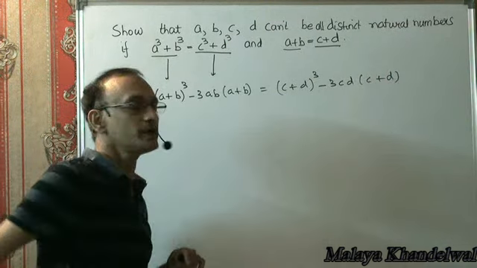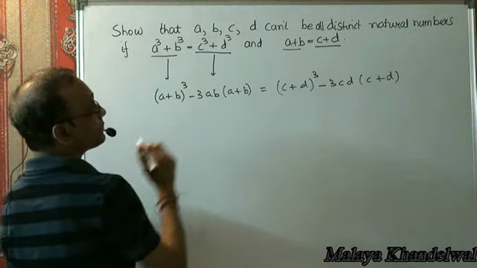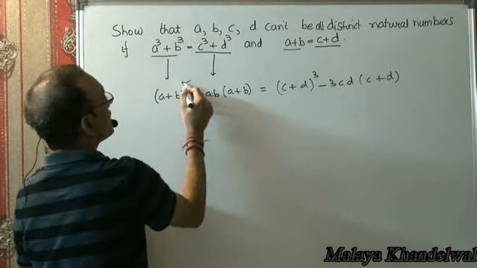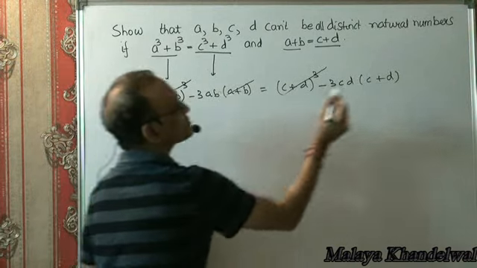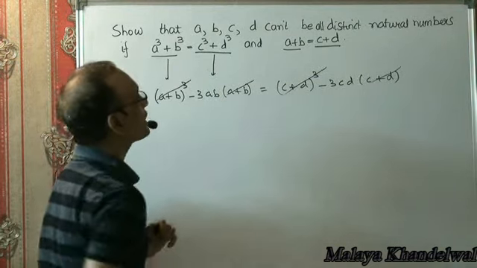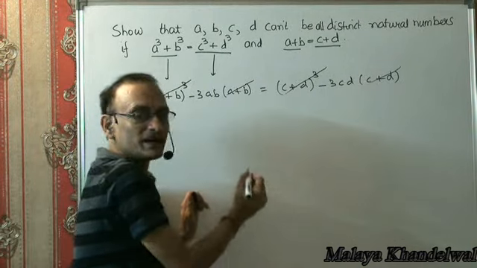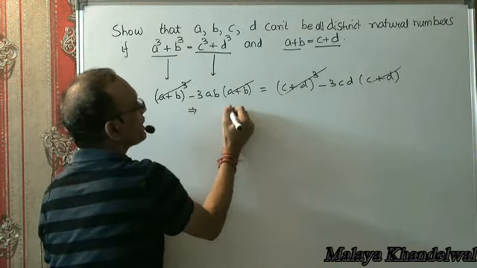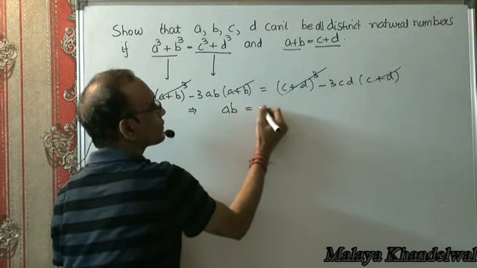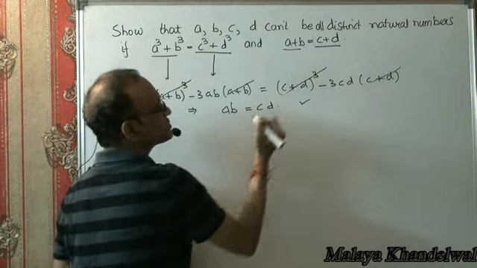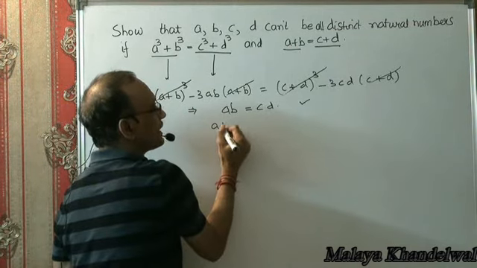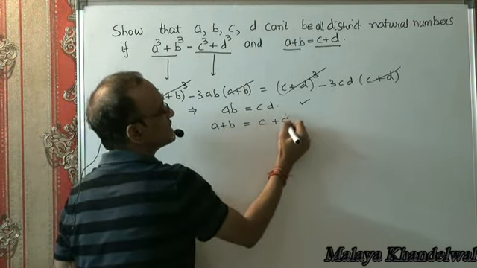That's what we have, right? And very clearly, since A plus B is C plus D, (A plus B) whole cube will get cancelled with (C plus D) whole cube, and then we have A plus B also cancelling with C plus D, and then we have minus 3AB is minus 3CD, which means AB equal to CD. Good for us. So we have AB equal to CD, and we also have A plus B equal to C plus D given.